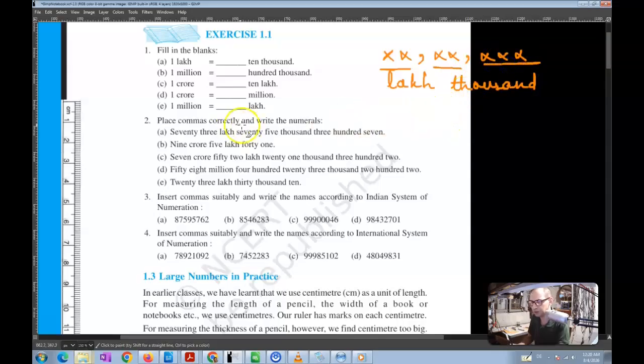So 73 lakh, then a comma, then 75,000, comma, and then 307. That's 73,75,307.